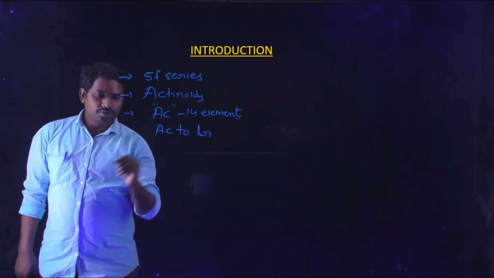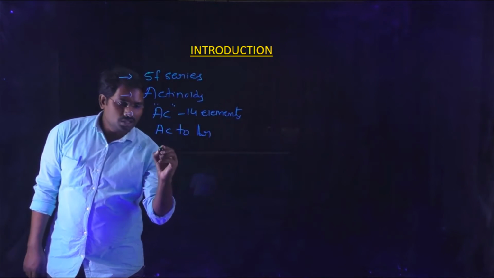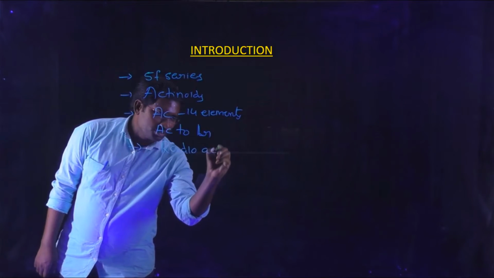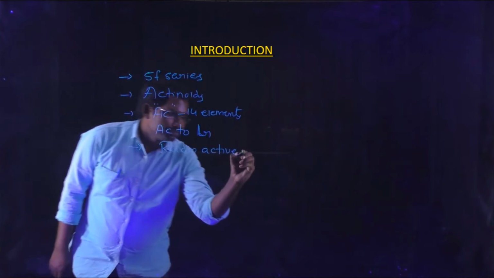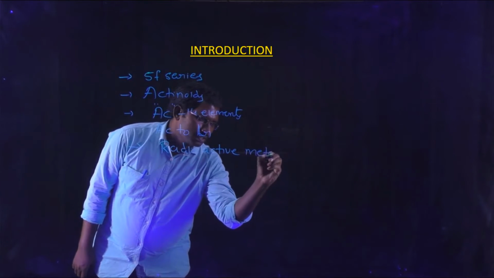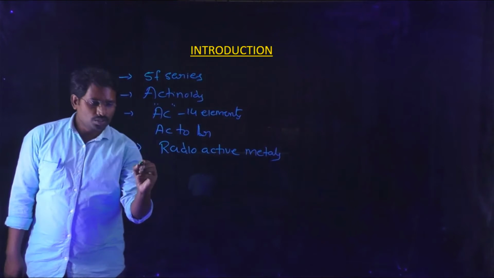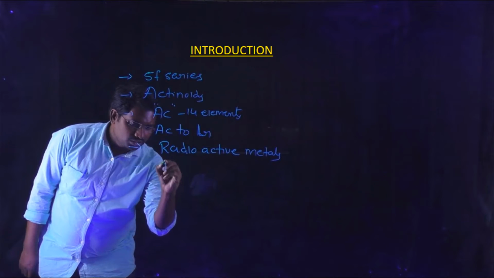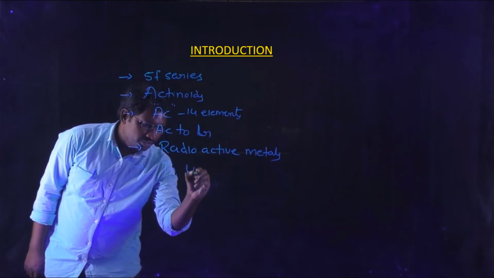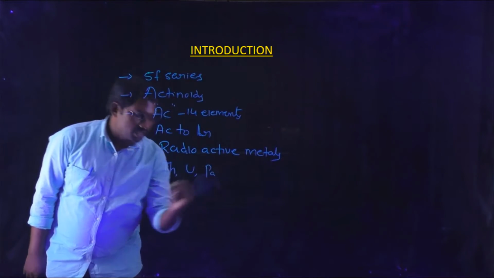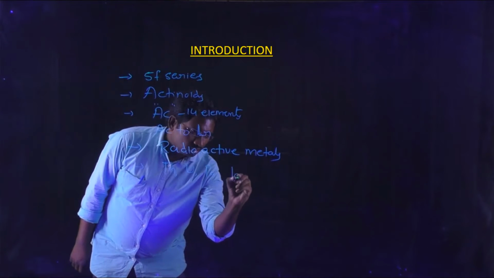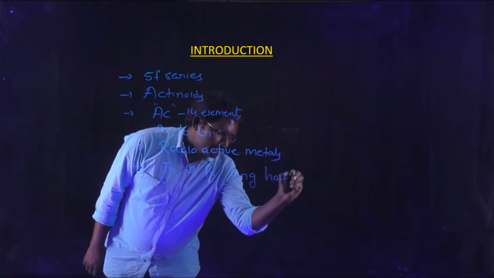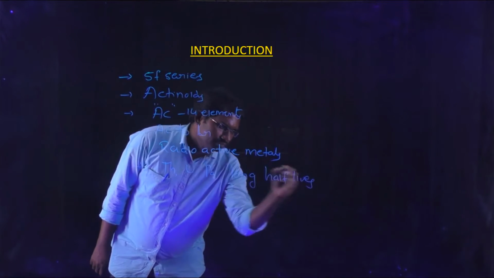Another important point is that these actinoids are radioactive metals. Some of the radioactive metals occurring naturally, like thorium, uranium and protactinium, have long half-lives.